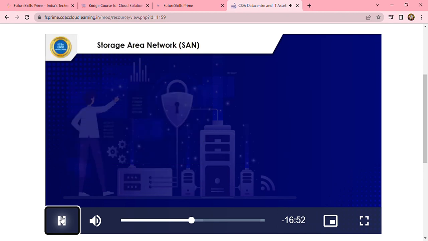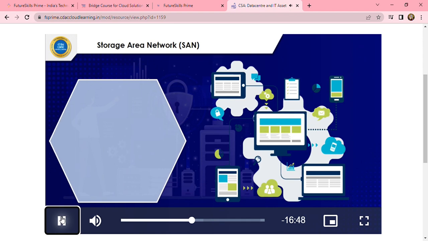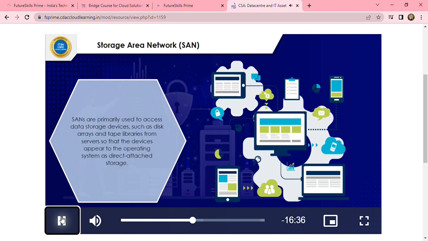Storage Area Network, SAN. A storage area network, SAN, or storage network is a computer network which provides access to consolidated, block-level data storage. SANs are primarily used to access data storage devices, such as disk arrays and tape libraries, from servers so that the devices appear to the operating system as direct attached storage.